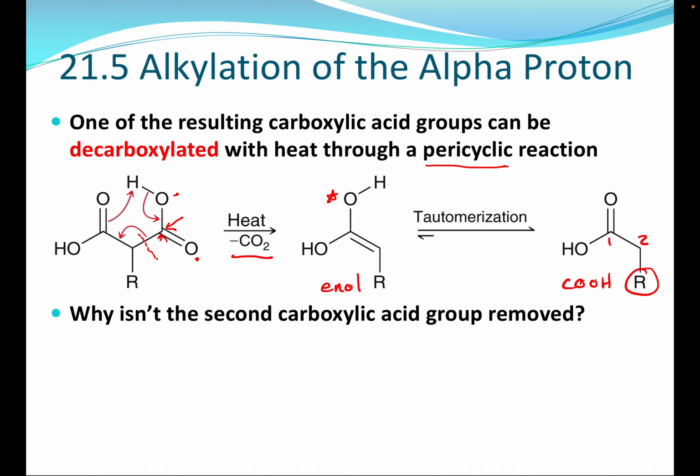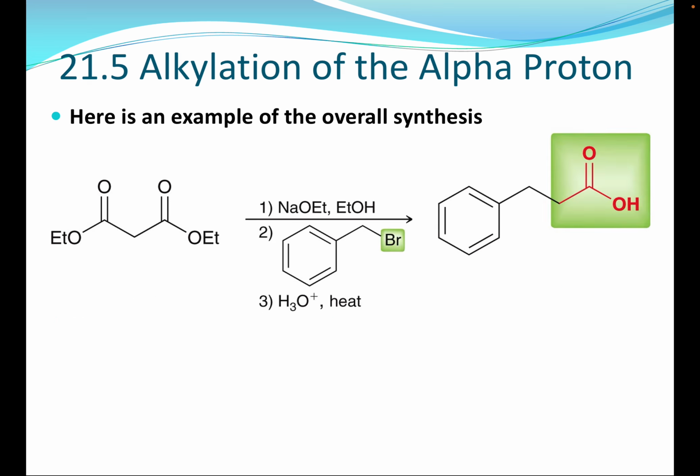Well, the decarboxylation is based around the fact that you have 2 carboxylic acids that can be arranged close to one another so that you can pull off one of the hydrogens and the CO2 can cleave off. Because we now only have 1 carboxylic acid, we no longer have the right molecule structure to encourage that pericyclic reaction that will yield CO2.